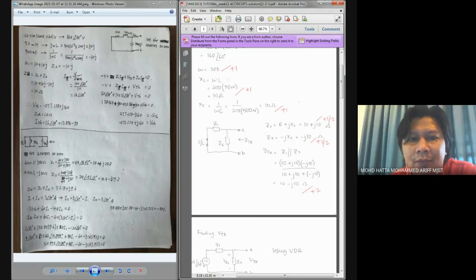And if he draws a circuit like this, I would really consider giving another mark, although the solution is wrong over here. This is some kind of extra mark for Wang, because he tried to inform me that this is the circuit we are looking at, and this element is a short circuit connection.